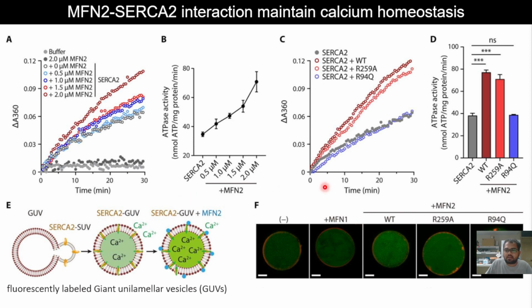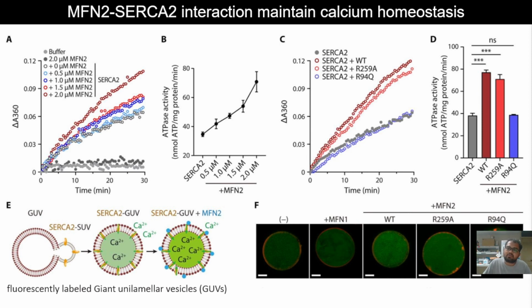This data is also validated by using various isoforms of MFN2 or point mutated variants, in which they found similar data: the hinge region variant, which has no effect, has increased calcium uptake. Wild type has increased calcium uptake, but when the non-functional MFN2 is added, it is not very much comparable to wild type.